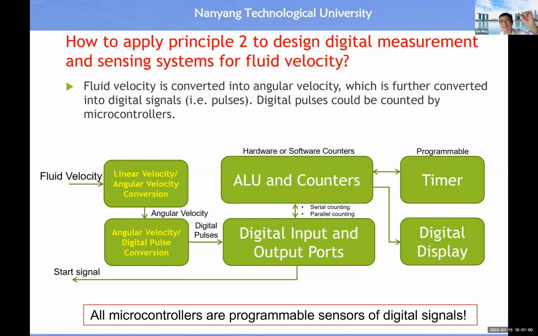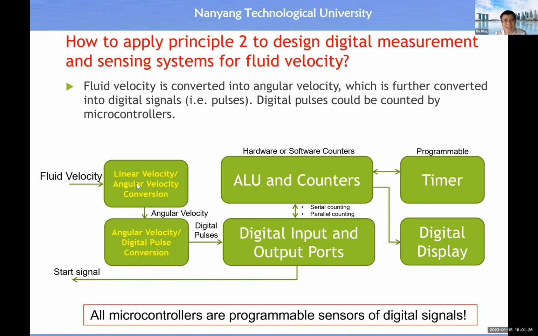Then we have a starting time to do the counting and the stop time to stop the counting. Then we can use internal pulse to serve as a pulse for counting, right? So we use external single pulse to serve as a time window. So there are two scenarios for us to handle, and both scenarios are supported by all microcontrollers, right? So you should not worry.